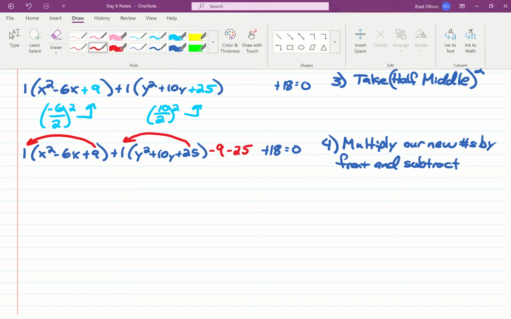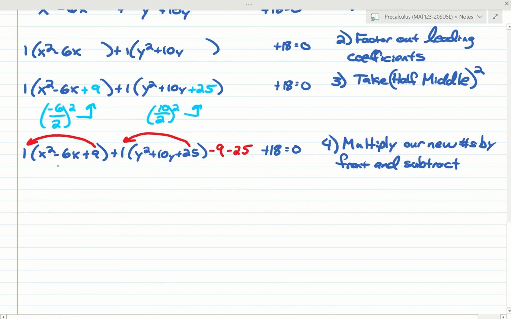And now it's just a matter of cleaning things up. Remember, this is always going to be a perfect square. It's going to be 1 times x and then half of that middle number. It's really just x minus 3 times x minus 3. It always works like that. Plus 1 times y plus 5 squared.